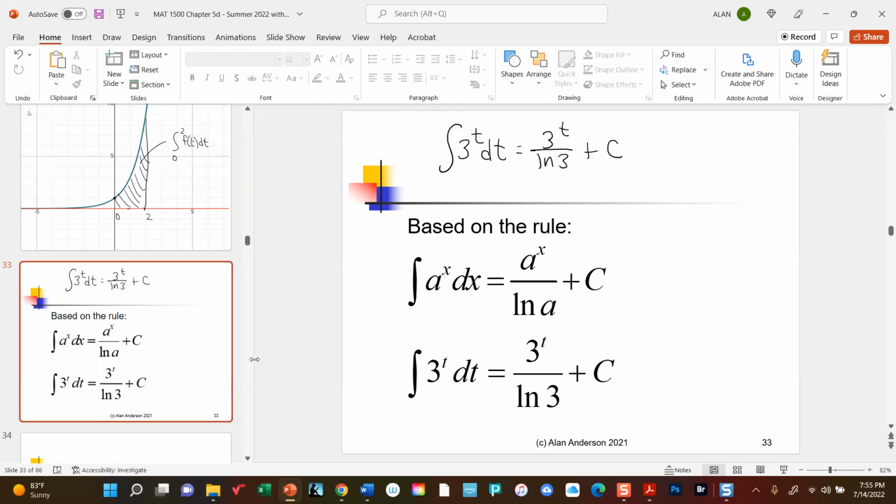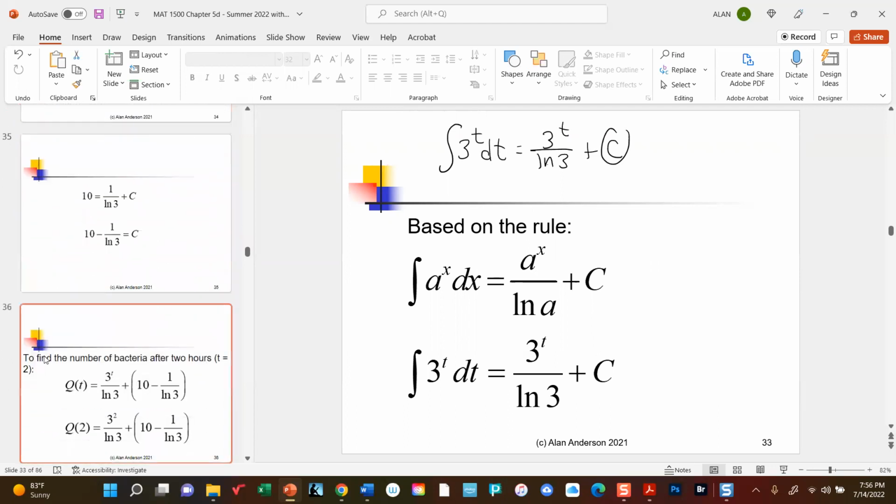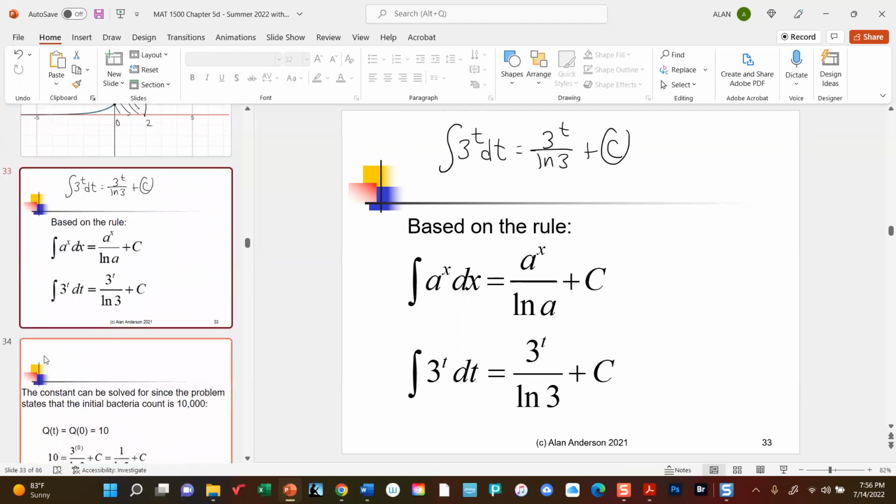Okay, well, that's good. But what about this function? This c is not helping us. We want to figure out what the constant is.